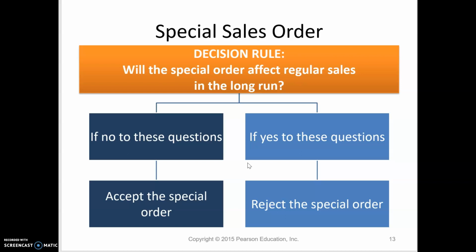Are other customers going to find out that we gave a discounted price to this customer? Is one of our regular customers going to come back and say, hey, I've been paying 50, you gave this other customer 30, why am I paying 50? They may all come back and want that special sales price. So those are the qualitative factors that we need to consider. If our regular sales in the long run are going to be affected, then we need to reject that special order.